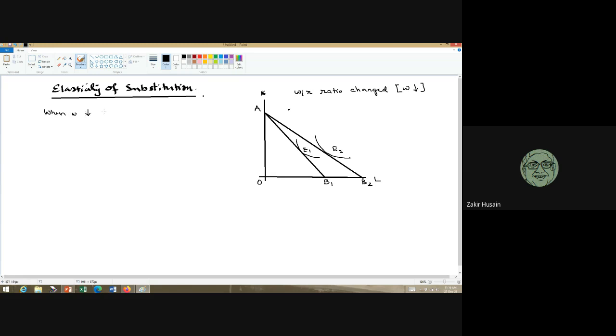When W decreases, we are going to have a new equilibrium, and it's very obvious that in most cases the labor capital ratio will be different. Given that wage has become cheaper, since wage has gone down, we can expect that labor use will go up and we are going to have less of capital. So we are going to substitute the cheaper input, labor, for the costlier input, capital.